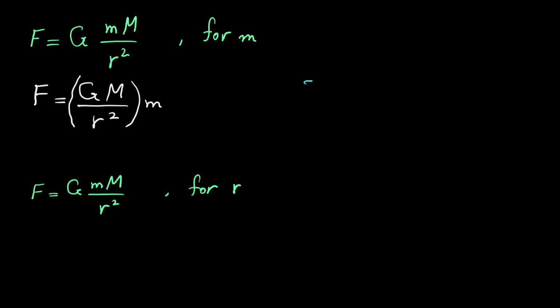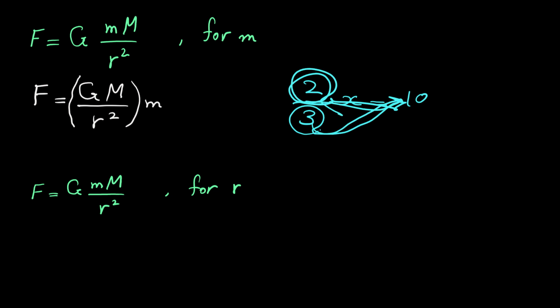Let me remind you how we solve an equation like this. 2 over 3 x equals, let's say, 10. To find x, simply we multiply 3 by 10 and we divide by 2. So x is 3 times 10 divided by 2. Or in other words, we move this denominator to the numerator. We multiply it by the numerator and we divide by this.